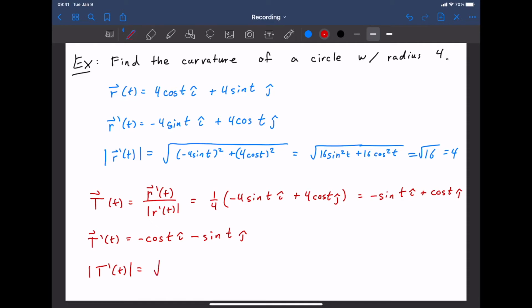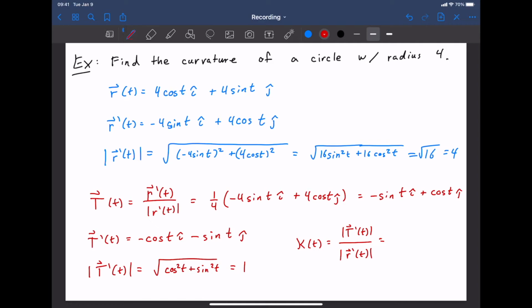3, 2, 1. So we're talking about cosine squared t plus sine squared t, and that's just 1. So the curvature at any t value, in case you lost the thread about why we are doing this, is the magnitude of the change in the tangent vector divided by the magnitude of the change in the length, or the change in the r.